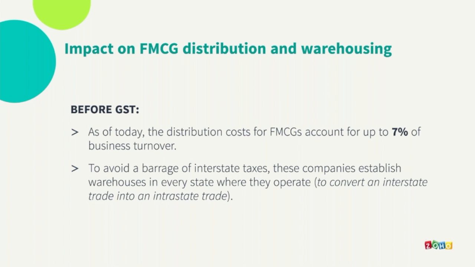Well, for instance, if you have your customers located in maybe Rajasthan and you are an FMCG company in Maharashtra, then if you sell goods directly from your place to Rajasthan as an interstate trade, a non-refundable CST, octroi, and some local body taxes are going to be sitting on top of the consumer's bill.